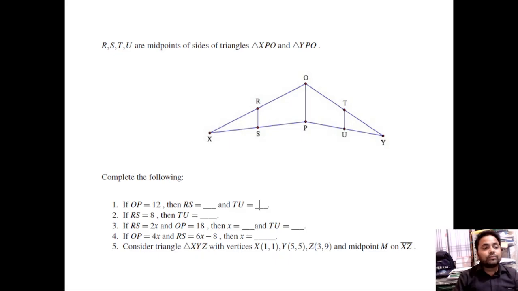First of all, we have the diagram here, and the only given information is that R, S, T, U are midpoints. T is the midpoint of OY, U is the midpoint of PY, S is the midpoint of XP and R is the midpoint of XO.